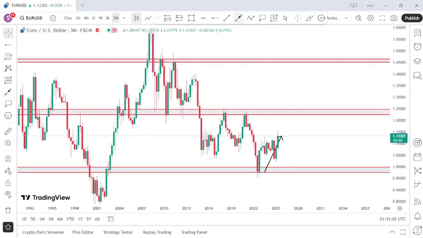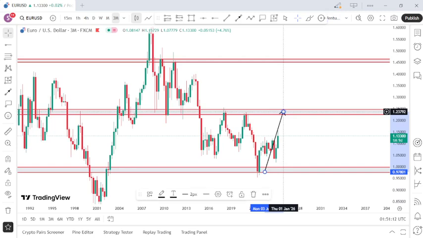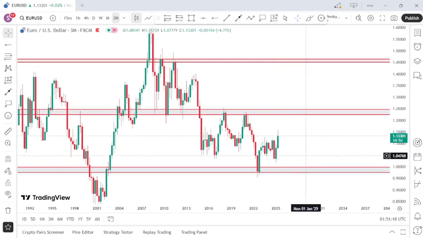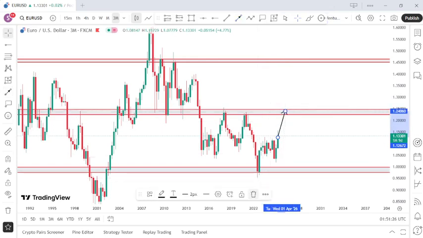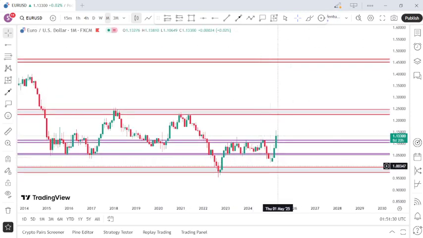So we are expecting Euro USD to move all the way, tapping into the 3 month midway zone. And if there's a possibility, it will break or it will drop to the downside. But until then, we are going to be looking for buying opportunities from here all the way tapping into this zone. So let's go through the other time frames and see what price is doing.